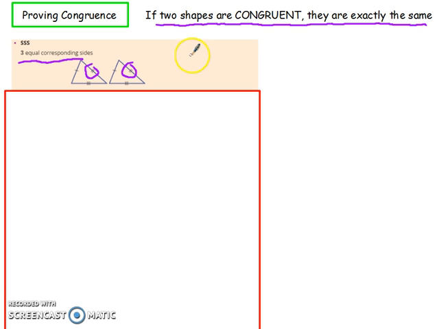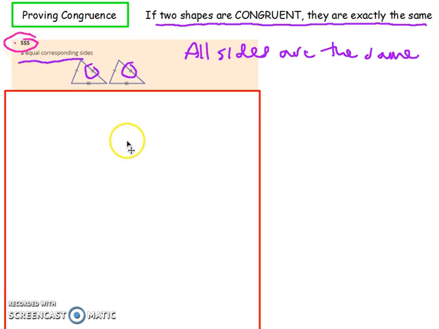So if all three sides are the same, then we can say that our triangles are congruent. All sides are the same. If all sides are the same, we say that they are congruent, and the reason is because all sides are the same, and we just say S, S, S.